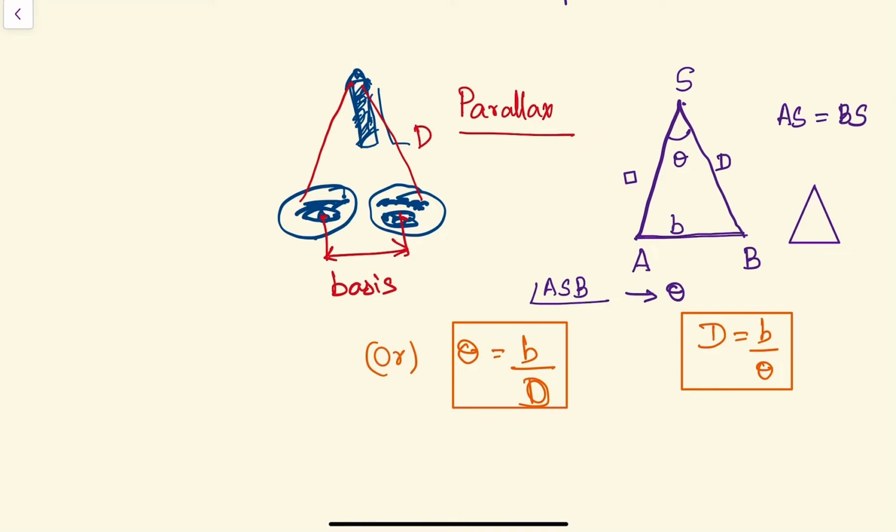D is the largest distance between the point of observation and the object. Similarly, you can find this.